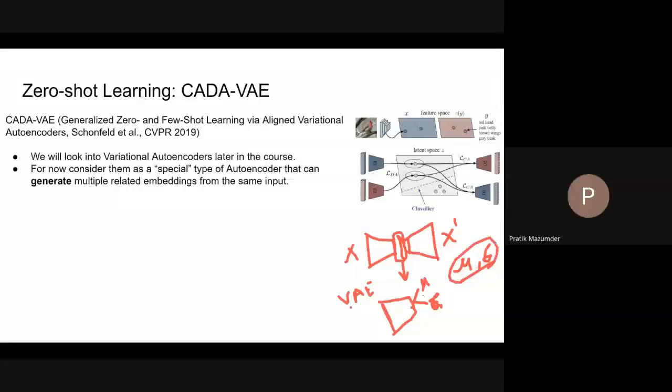That is the core idea behind a generative model based VAE. Instead of generating a single compressed embedding, you create a mean embedding and a variance, and using these you can create multiple embeddings.